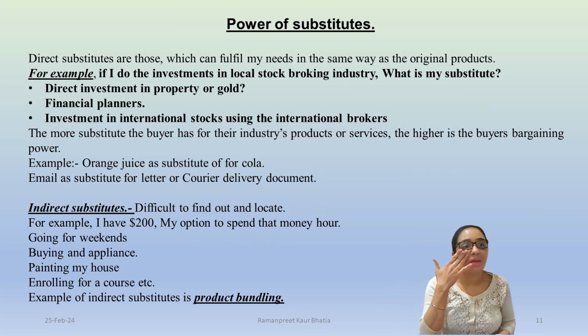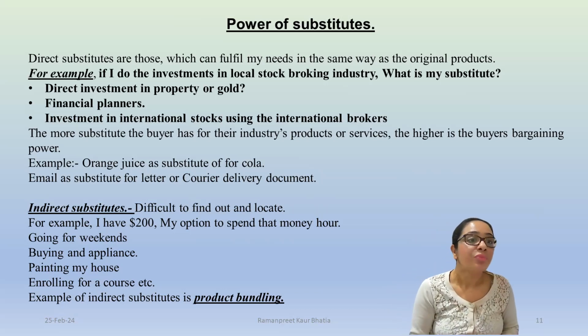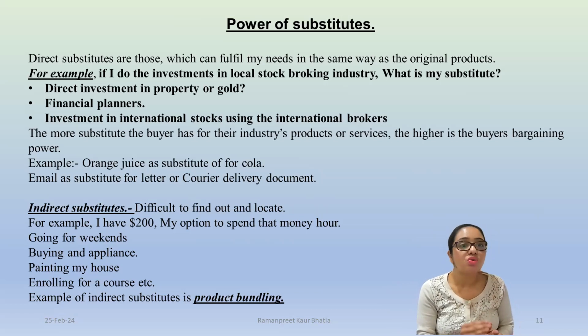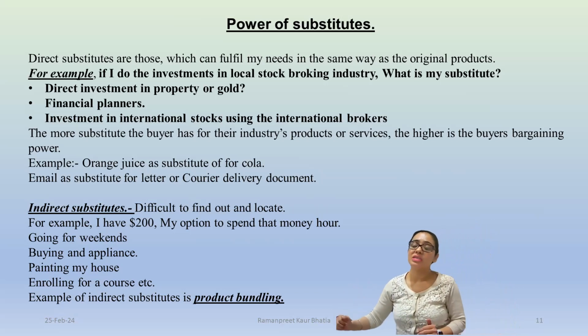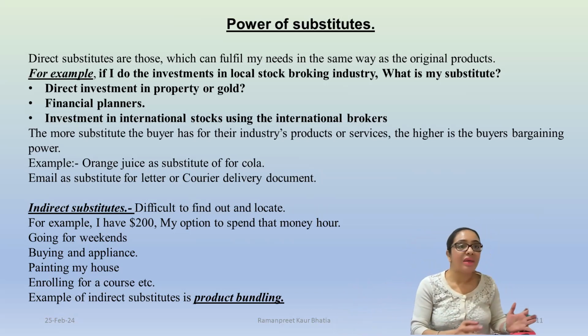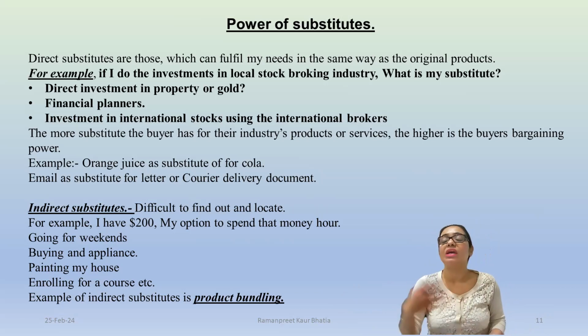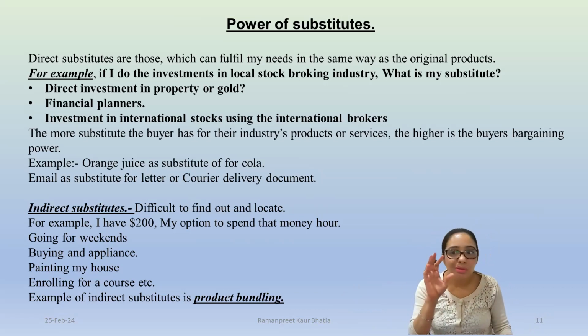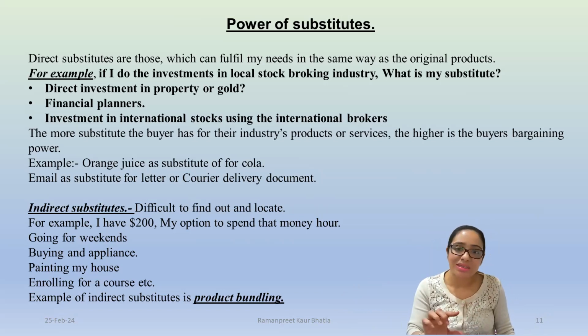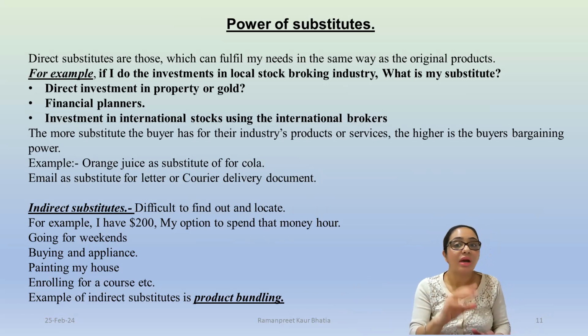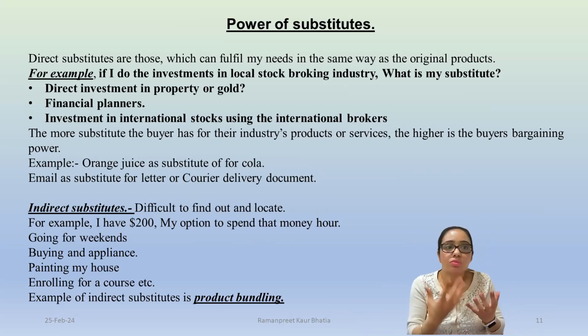For example, that I have used here is, I have say $200. Now my option to spend that money is either I go for a weekend, or I buy appliances, or I paint my house, or I enroll for a course. Nothing in this list is direct substitute, or in competition, or the products.